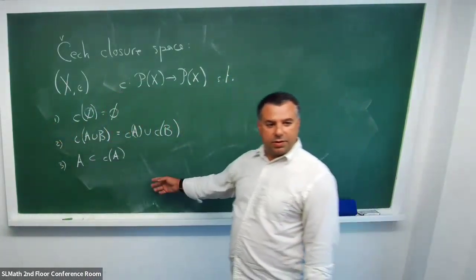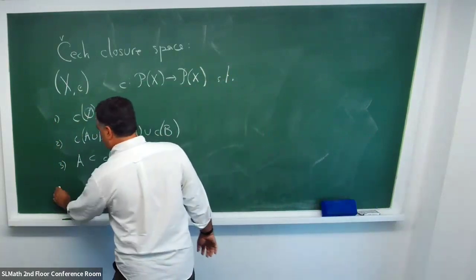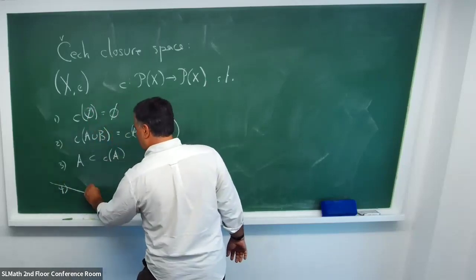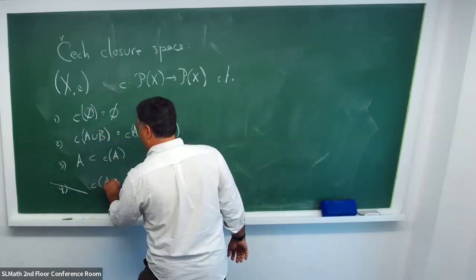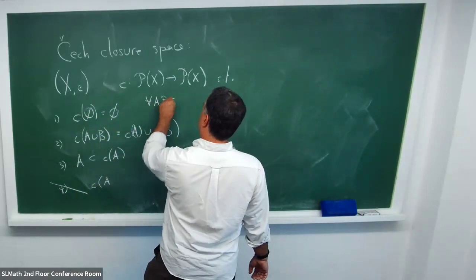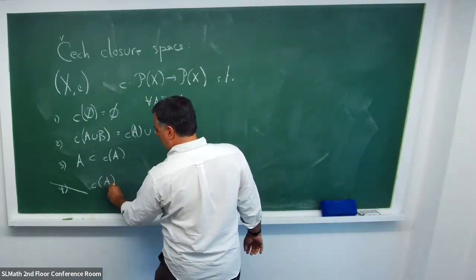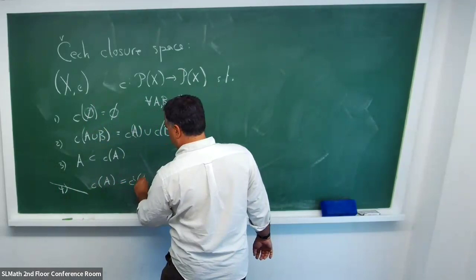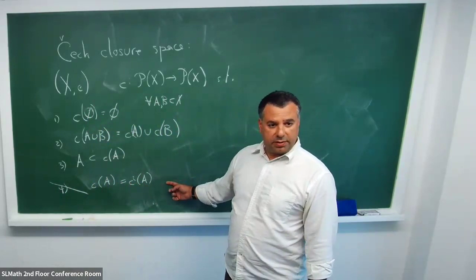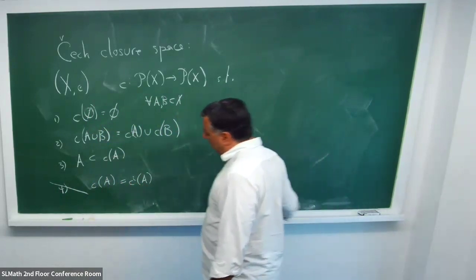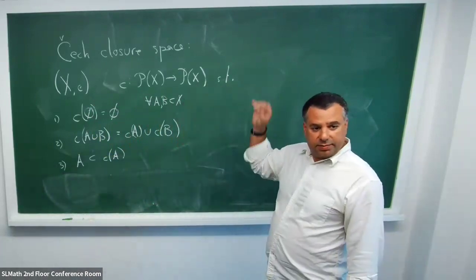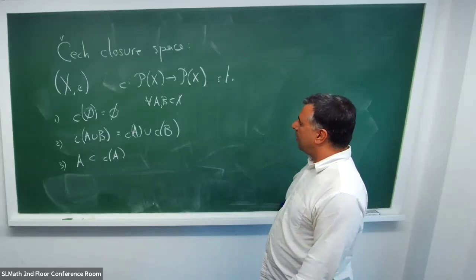Now, if you've seen the closure version of topological spaces, notice that I omitted axiom number 4, which is that for all subsets A of X, C of C of A equals C of A. If I add this 4th axiom, then I've just redefined topological spaces. But if you get rid of it, then you have a lot more flexibility, and we can capture the kinds of spaces and structures that I was talking about a second ago.